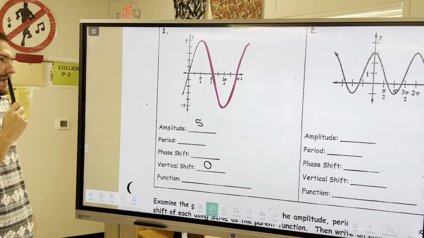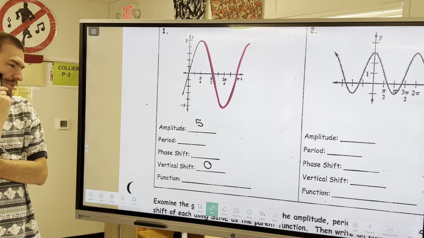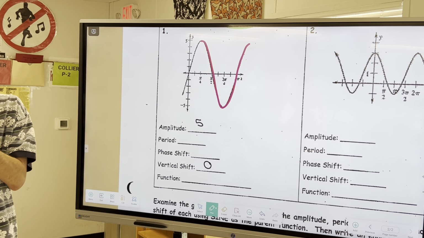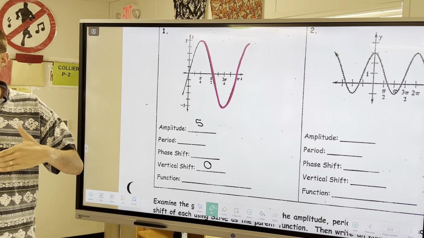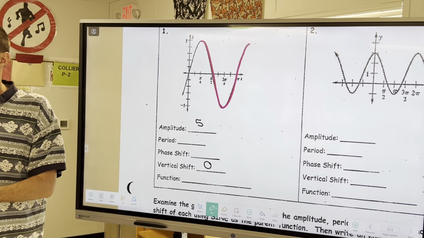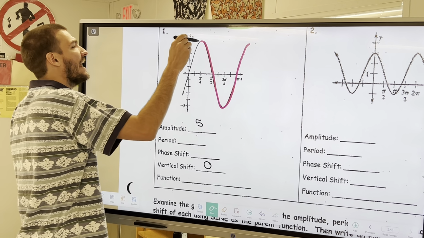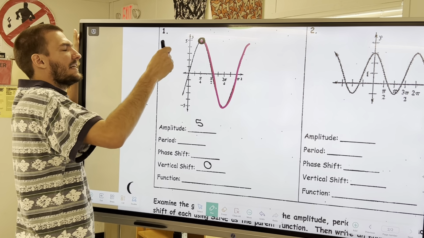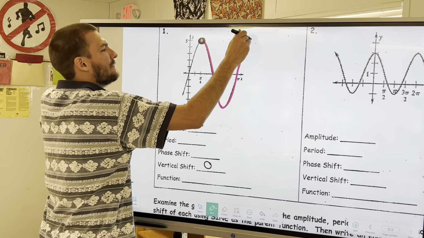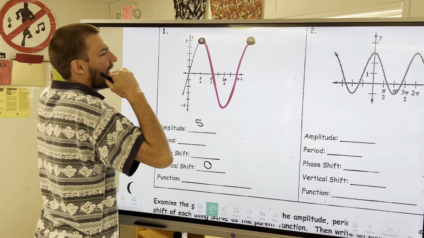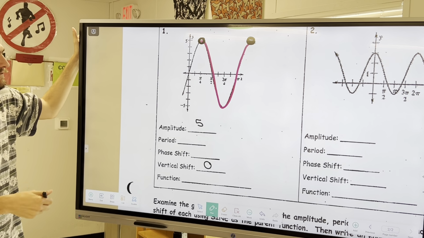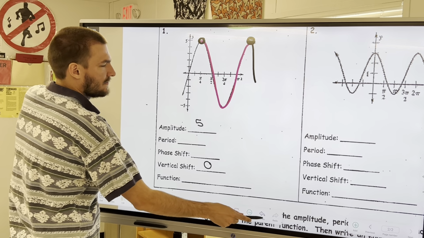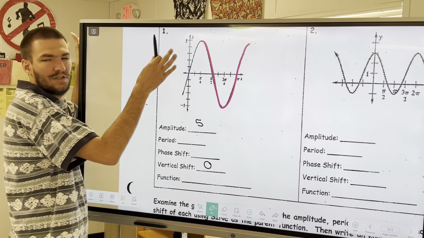Okay, now what about the period and the phase shift? The period is, how long does it take this graph to start repeating itself? Now, we could find any point, like maybe this, and see how long it takes to do a full lap and get back to a point like that at the other end of the cosine graph. The problem is, I don't really know where that is. But we don't have to use the tops of the cosine.